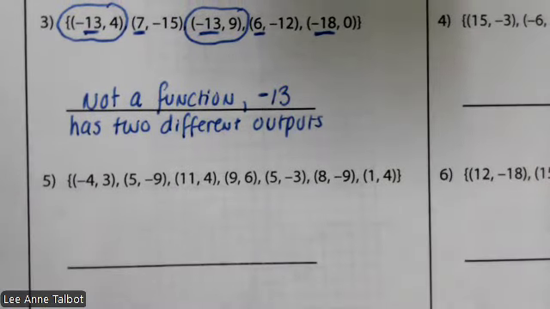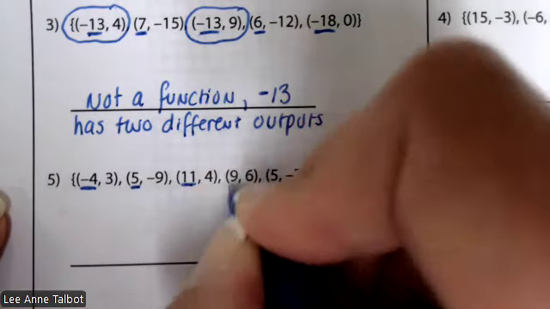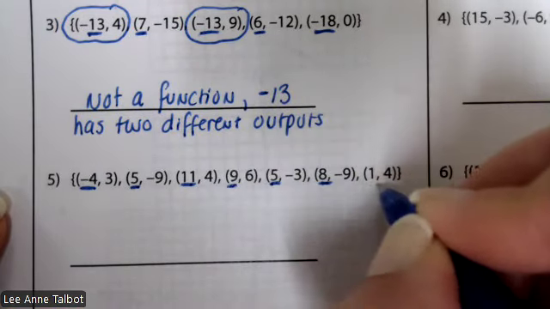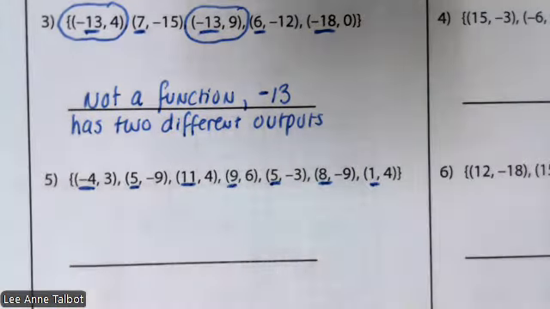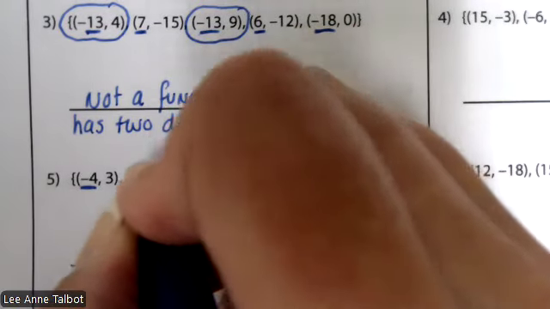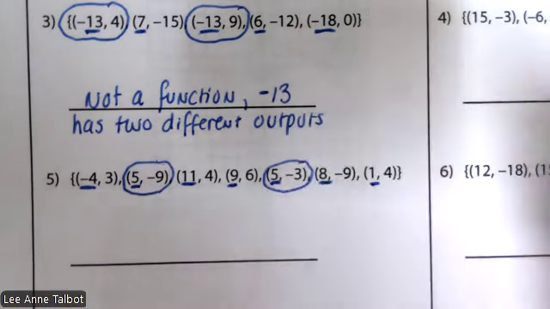Okay, number 5. Let's see. Underline. Okay, now we've had our refresher. Do you see any repeating X's? Yes.